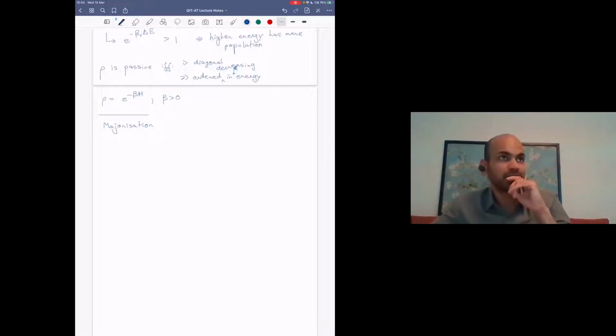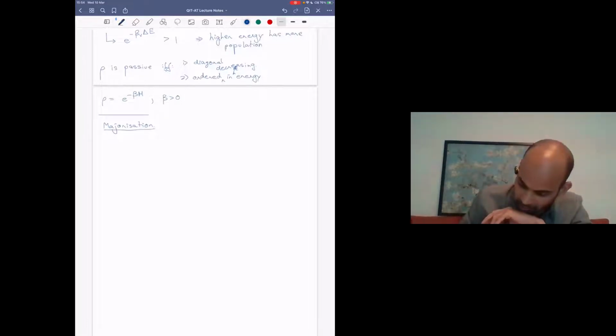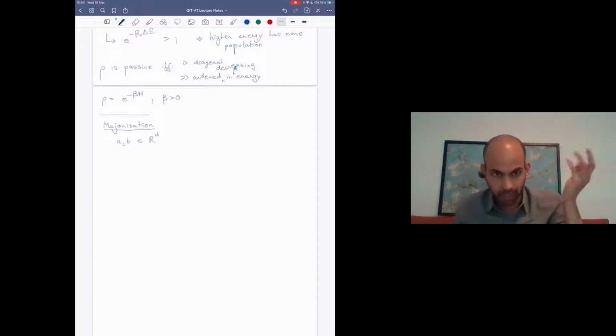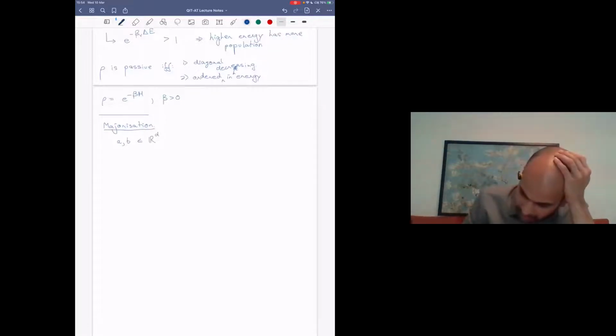Okay. So the definition of majorization is very simple. It simply is an ordering or a relationship between vectors. So if I have two vectors A and B, whose elements are both real numbers, and it also turns out that the sum of all of the elements of A_i is equal to the sum of the elements of B_i, then I say that A majorizes B if, now I do two things.